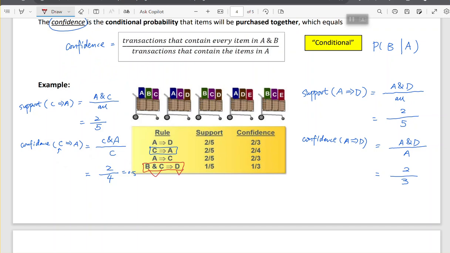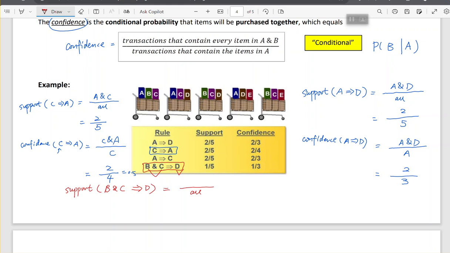All right, so for example, let's talk about the support of this association, right? I want to know the support of B and C implies D. By the formula, support equals, out of all the transactions, how many of them contain both item sets?